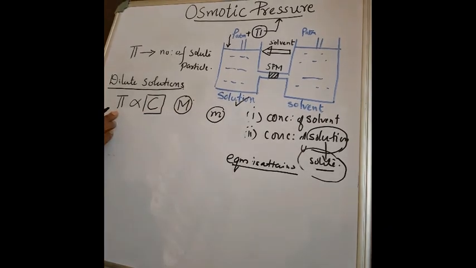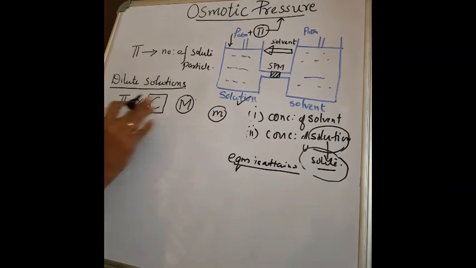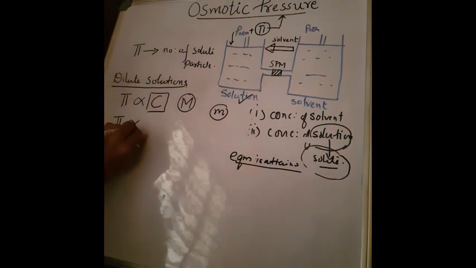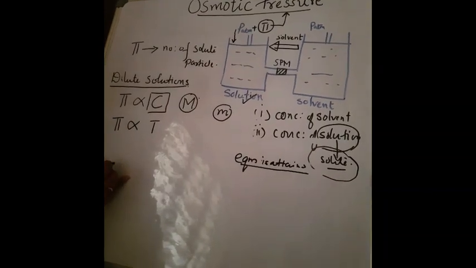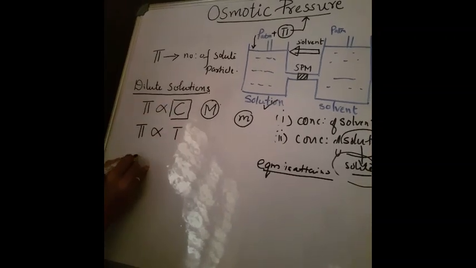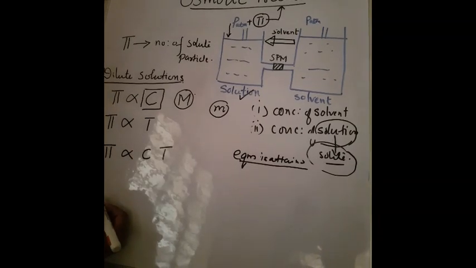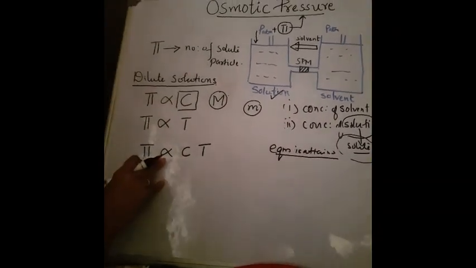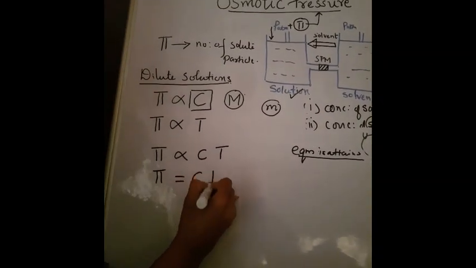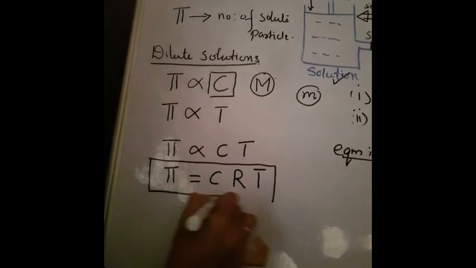Now, coming back, this osmotic pressure is directly proportional to the concentration. Concentration we relate to the molarity, correct? Again, osmotic pressure is directly proportional to temperature. Then we can have these two relations as pi proportional to C into T, correct? Now, in order to remove the proportionality, you will have pi is equal to C into R into T. So, this is our basic equation.